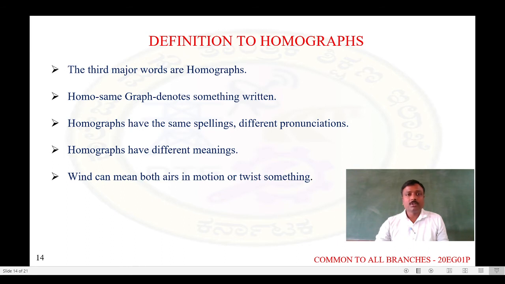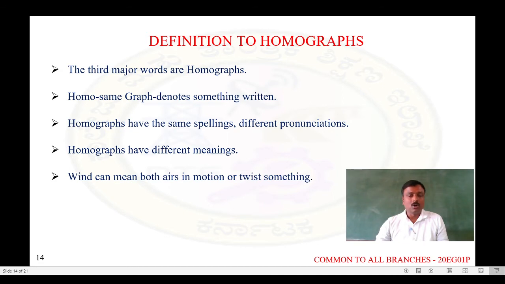The third major words are homographs. So here also we have one common prefix called homo. Homo means, I have already told you, same or similar, and here graph denotes something written or something drawn.